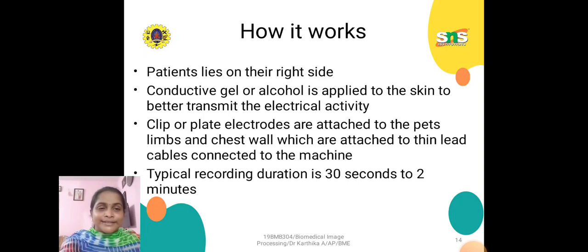A conductive gel or alcohol is applied to the skin to better transmit the electrical activity, and clip or plate electrodes are attached to the limbs and chest wall of pets, in the case of animals, which are attached to thin lead cables connected to the machine. Typical recording duration is 30 seconds to 2 minutes only.